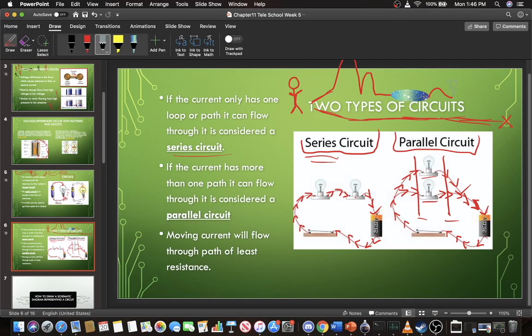This is a really bad looking bear. And three more smaller hills and then gets to the destination. Obviously, this is the path with the most resistance, so you're not going to take that path. You're going to take this one because it's going to be easier. And that's the same way that these circuits work. You don't want to take the more complicated path. You want to take the one that's going to get you to your destination the easiest.